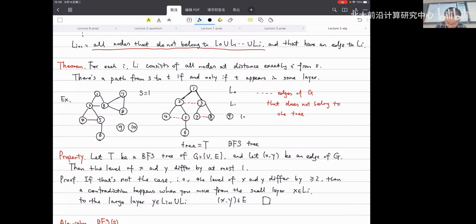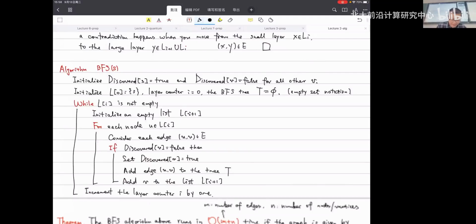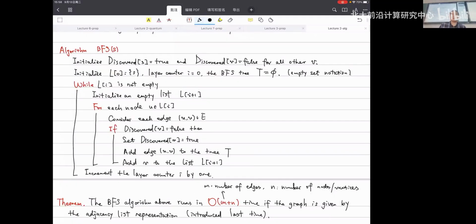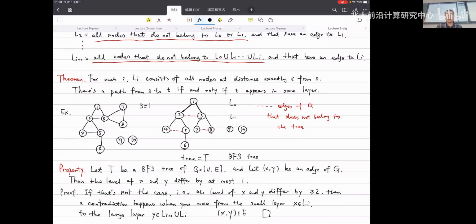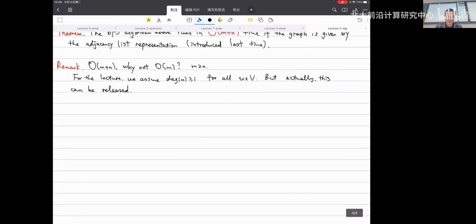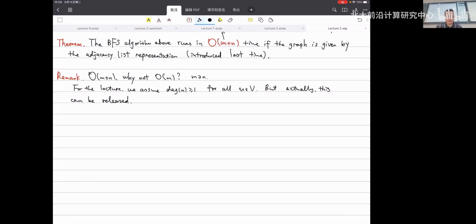In general, when you initialize the discovered array, you are going to pay that cost. If you have a graph with only 8 vertices connected, but there is a million vertices not connected to any other but still in the graph, then you are going to pay this cost. So for our convenience in class, we in general assume that there is no isolated vertex.